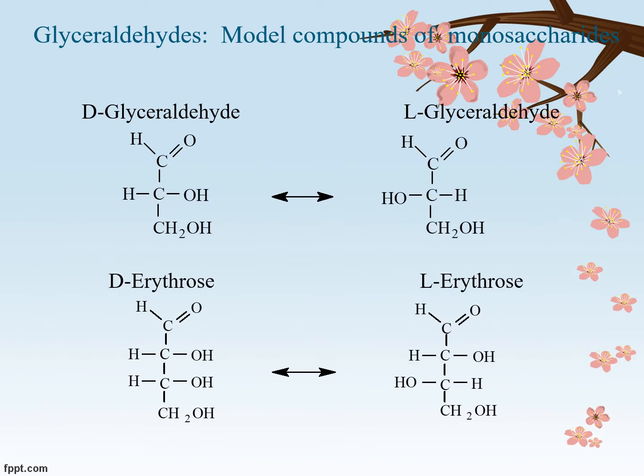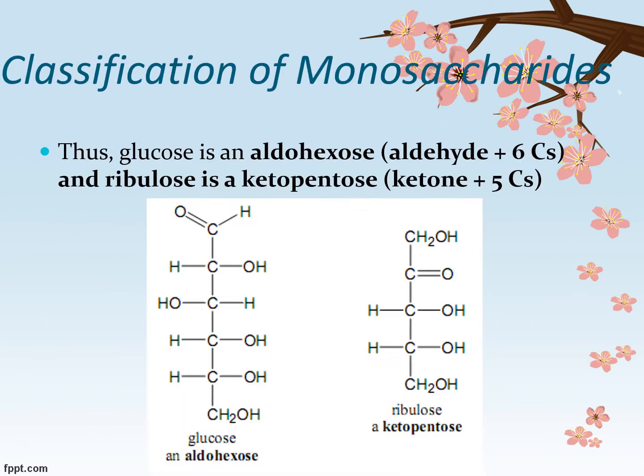Again, this is to show you the difference between the D and L. So D-glyceraldehyde, L-glyceraldehyde, D-erythrose, L-erythrose. Glucose is an aldohexose.